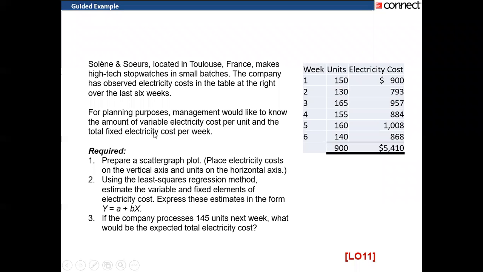The company has observed electricity cost in the table at the right over the last 6 weeks. For planning purposes, management would like to know the amount of variable electricity cost per unit and the total fixed electricity cost per week. Prepare a scatter plot graph, placing electricity cost on the vertical axis and the units on the horizontal axis.